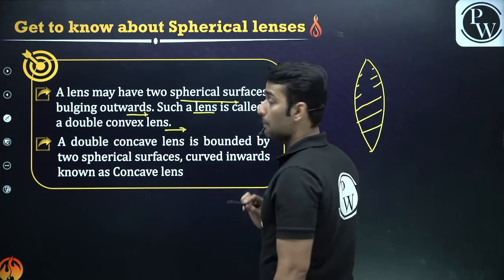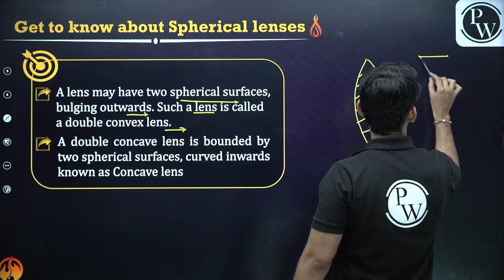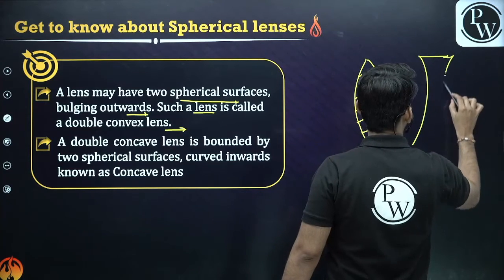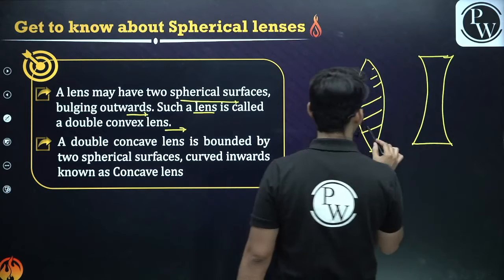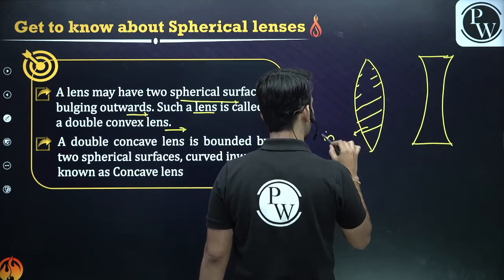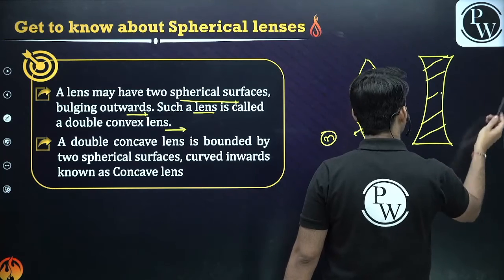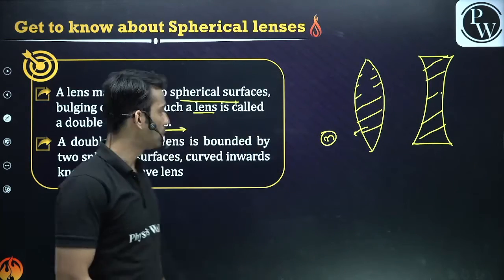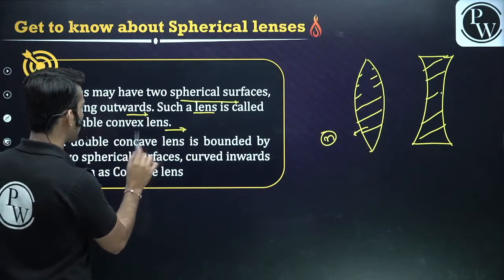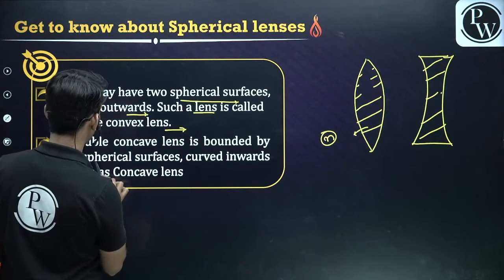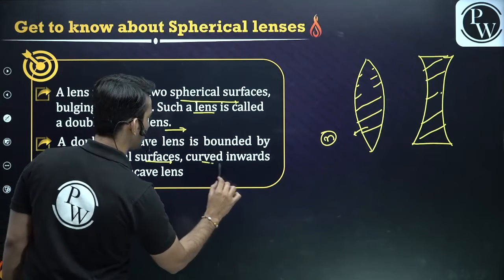But if I take two surfaces bulged inwards and fill in some liquid of some refractive index, let's say n, this will form a concave lens. It is bulged inwards, while this is bulged outwards. So bulge outward means convex, and a concave lens is bounded by two surfaces curved inwards.